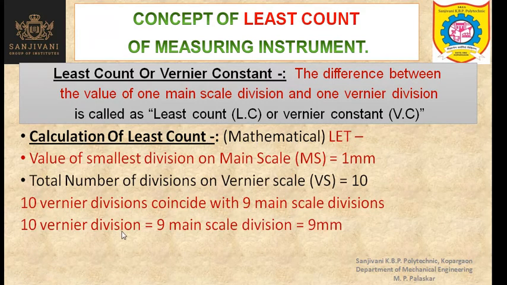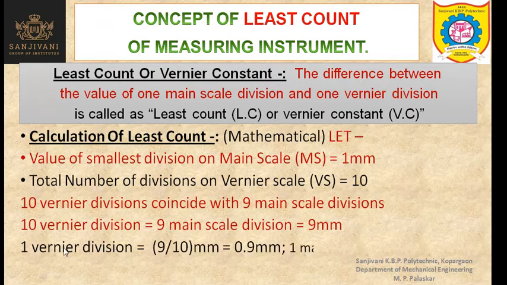So 10 vernier divisions will be equal to 9 main scale divisions, and that is equal to 9 mm. Because one main scale division is equal to 1 millimeter, therefore 9 main scale divisions will be equal to 9 millimeters, and that is equal to 10 vernier scale divisions, and one vernier scale division will now be equal to 9 upon 10 mm.